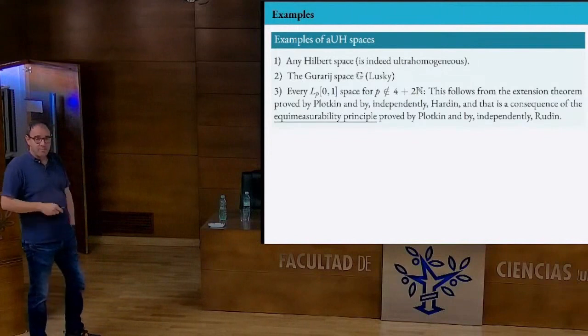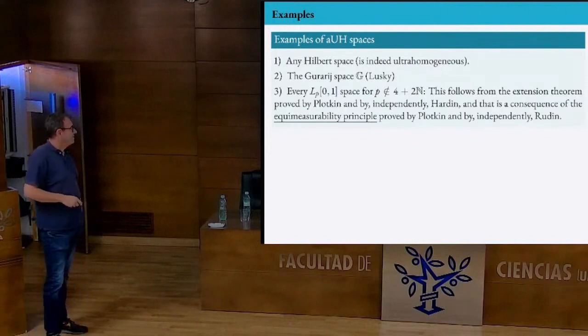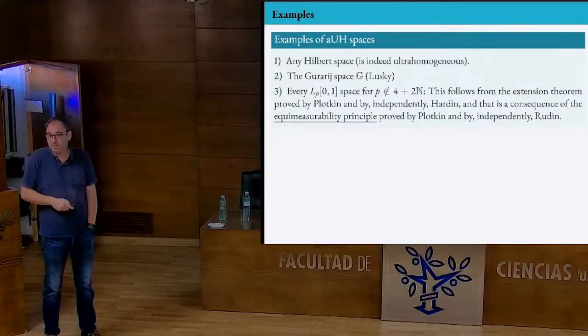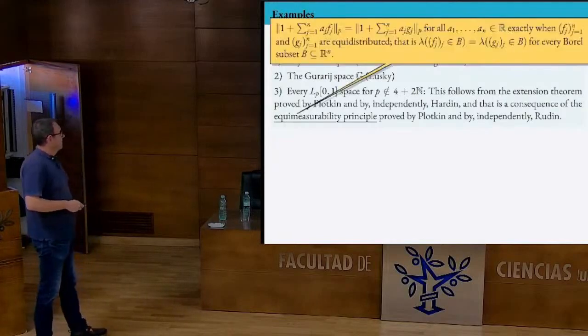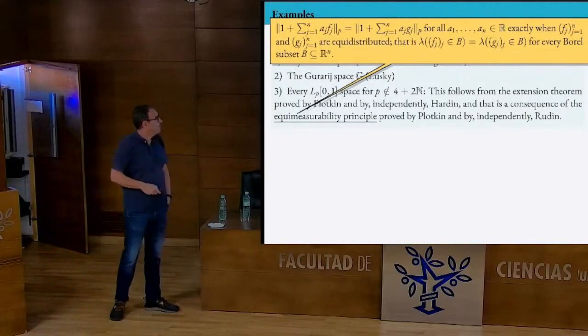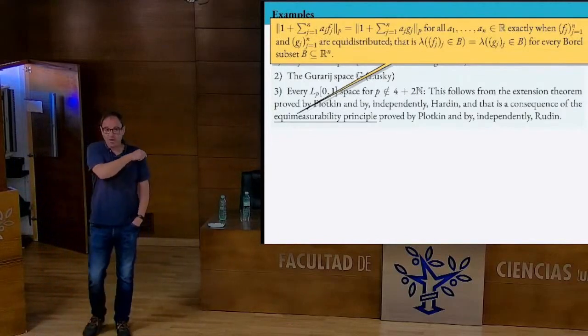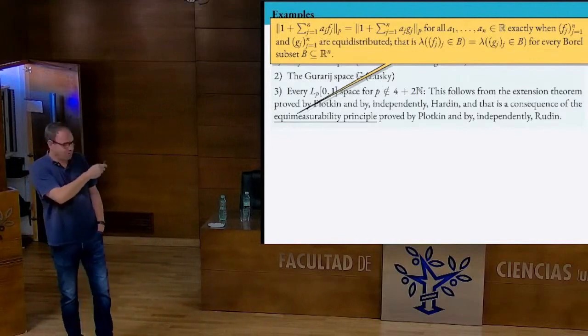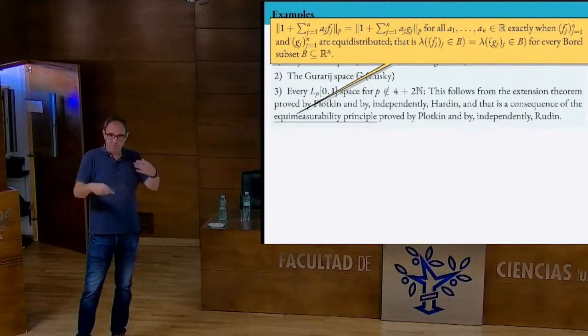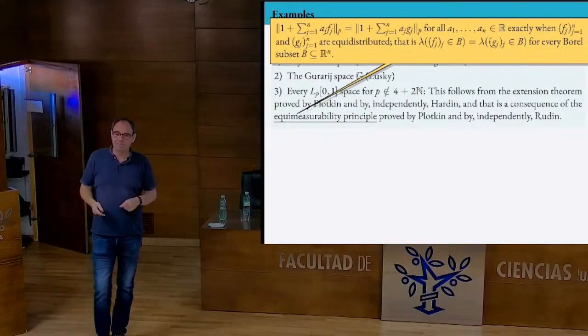And there is this equimeasurability principle, which has its importance by itself. Imagine that there is no extra condition to what I'm going to say, because it's easier to say.